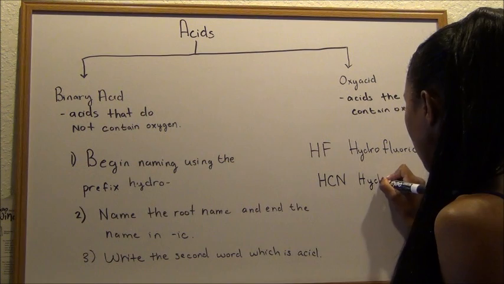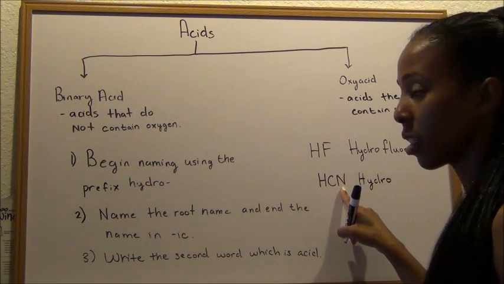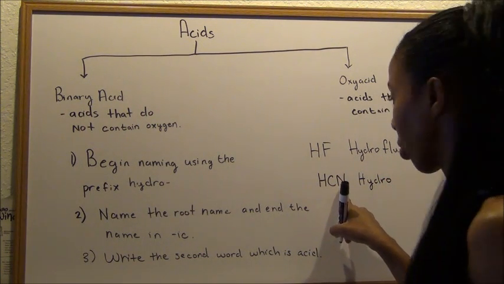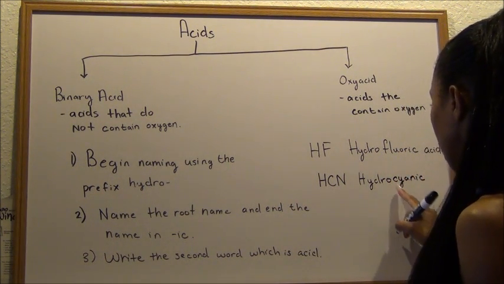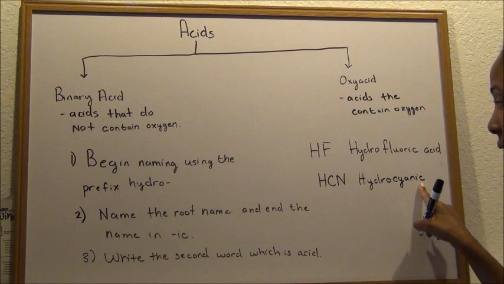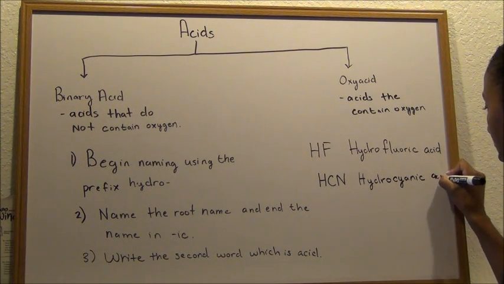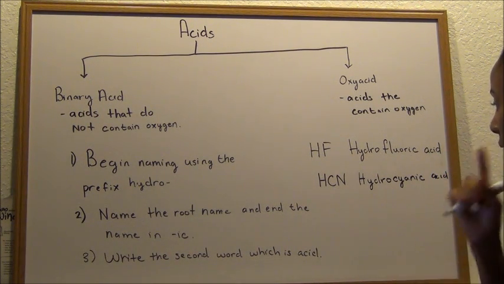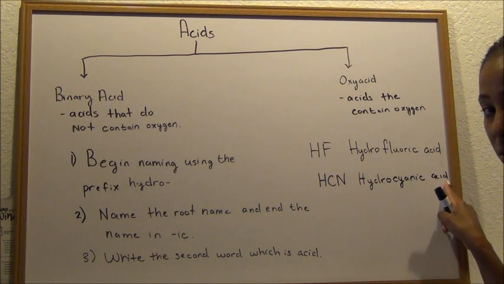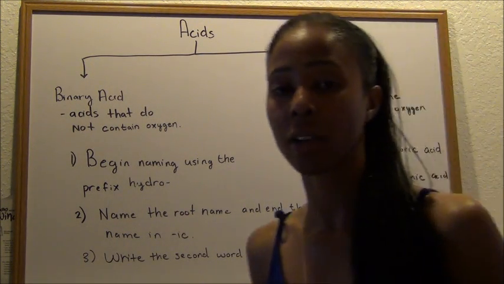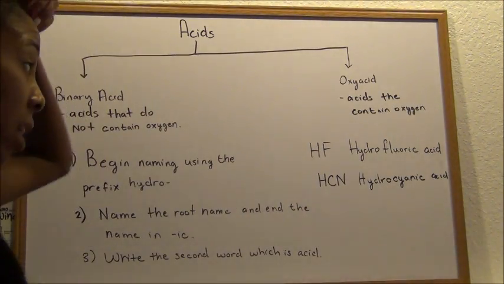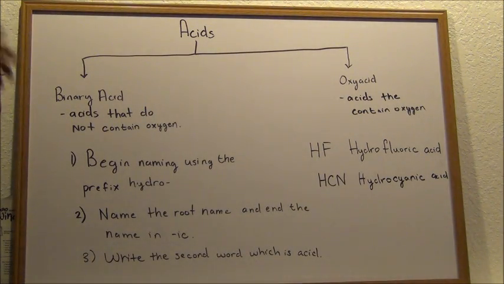So this would be hydro, and this is the cyanide group, so it would be cyanic. Cyanic, and we end in acid. Hydrocyanic acid. So anytime we have a binary acid, this is how we name it.